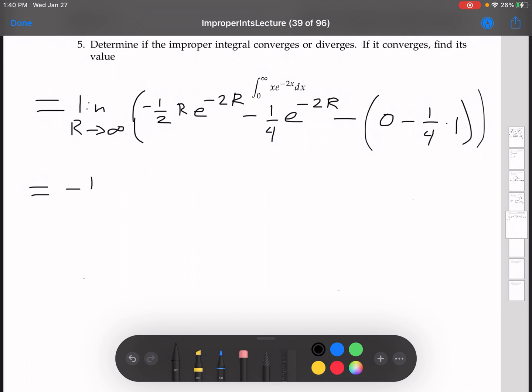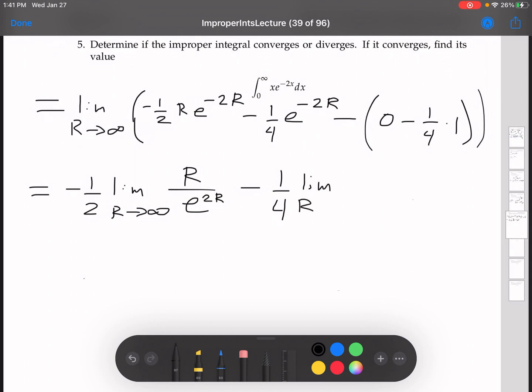So negative 1/2 limit as r approaches infinity, I'm going to write this as r over e to the 2r, minus 1/4 limit as r approaches infinity, 1 over e to the 2r. And now, minus 1/4, so that'll be plus 1/4.